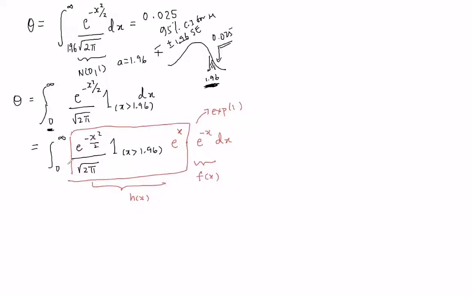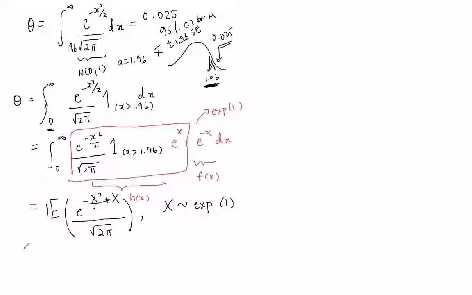So then you can write this as the expectation of e to the minus x squared over 2 plus x, over square root of 2 pi, where your x is exponential 1.